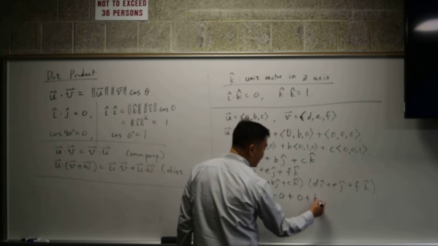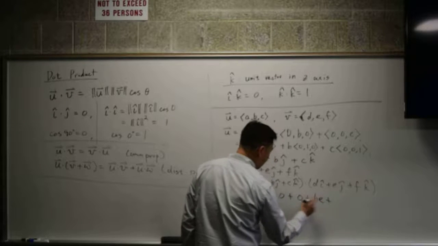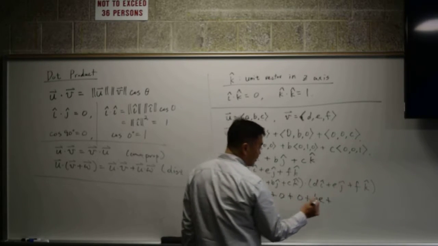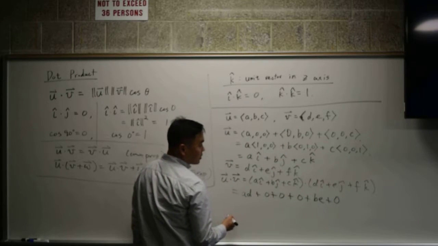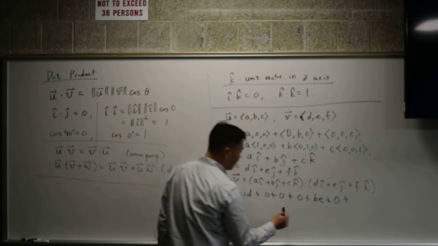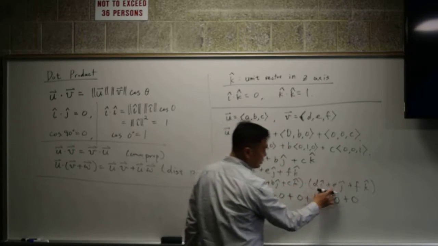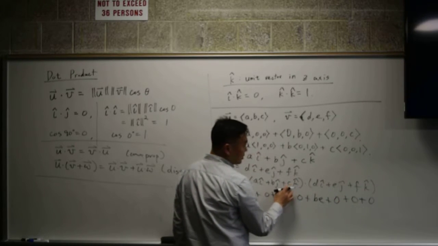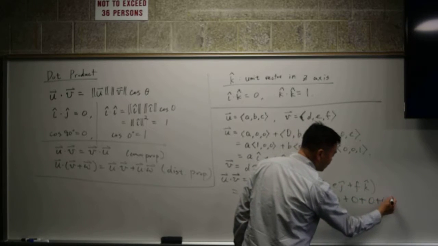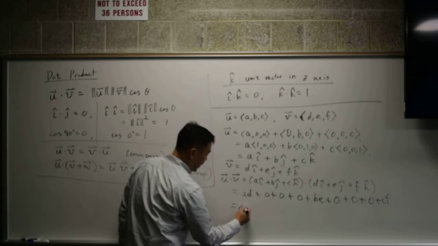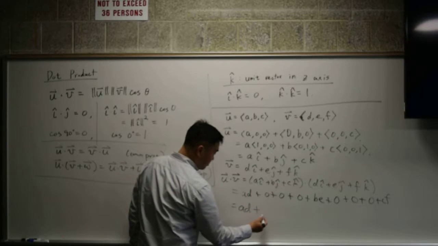BE, because J dot J is 1. What's BJ dot FK? J dot K is 0. And then what's CK dot DI? 0. CK dot EJ? 0. CK dot FK? CF.